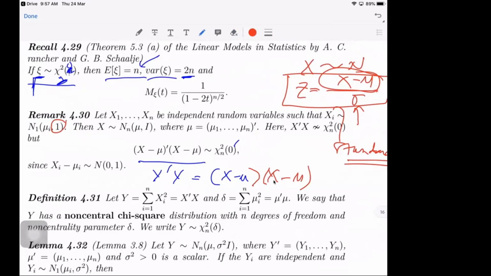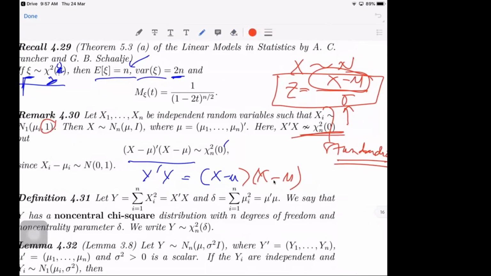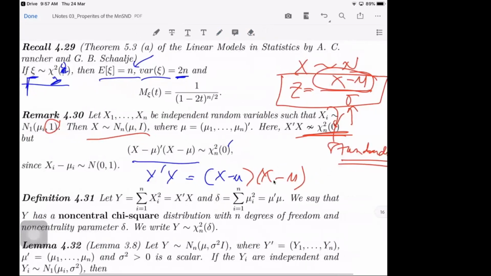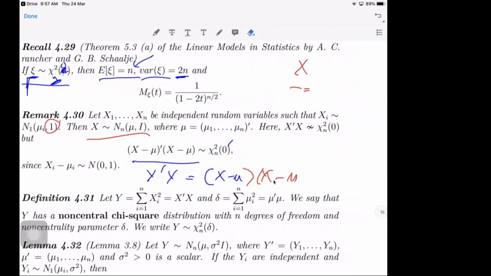But in general, it will not be central chi-square if it is not standard normal. So later in general, we call it not central, we will take out the zero there.